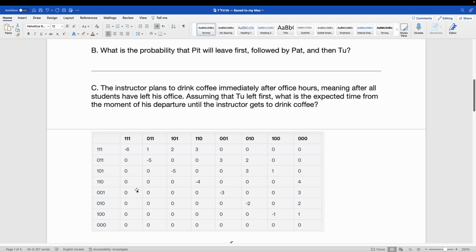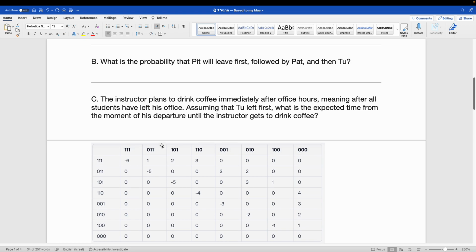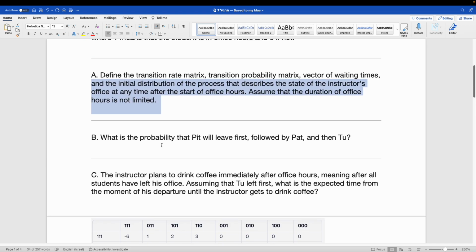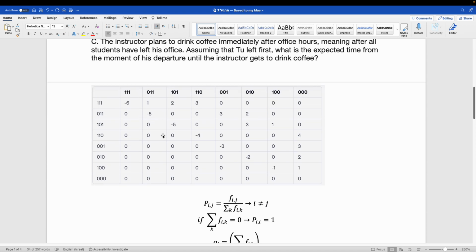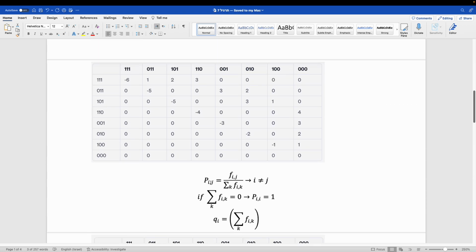So here is the actual transition rate matrix, and now we want to write the transition probability matrix. How do we do that? We need to look at the following formula: the probability to move from state i to state j, when i is not equal to j, is the flow from i to j divided by the flow of all the other states.